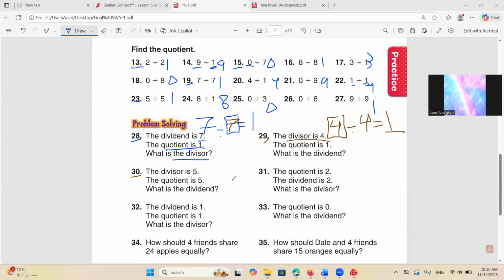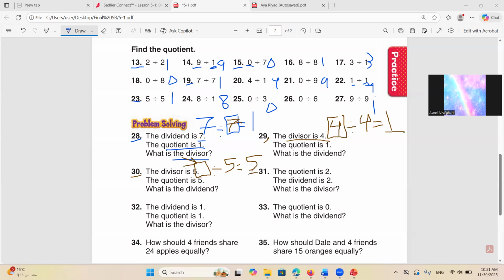Okay, take this. It's tricky. The divisor is 5. The quotient is 5. Okay, teacher, what is the dividend? I didn't tell you that the quotient is 1. I told you the divisor is 5. Sorry, the quotient is 5. And I'm asking you to find the dividend. So what divided by 5 is 5?